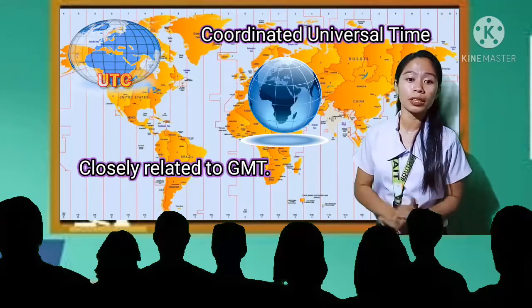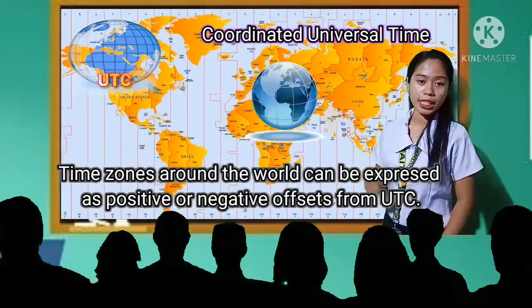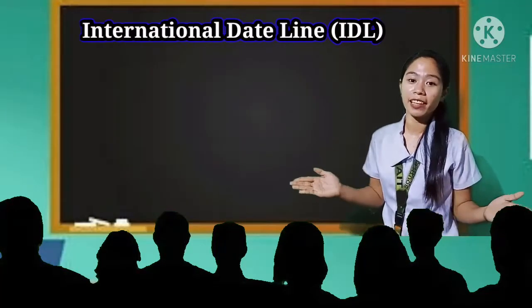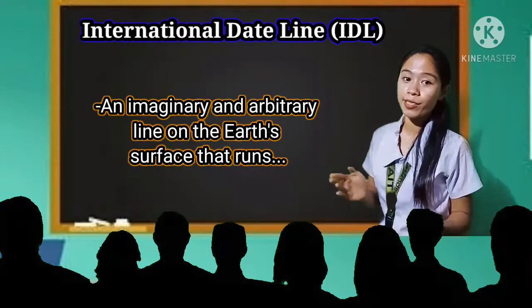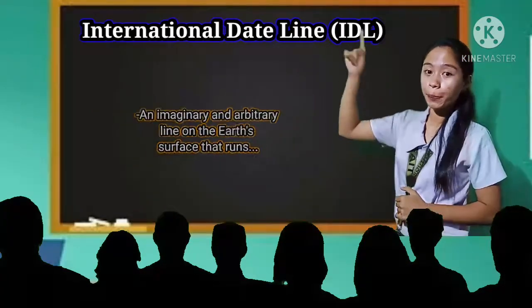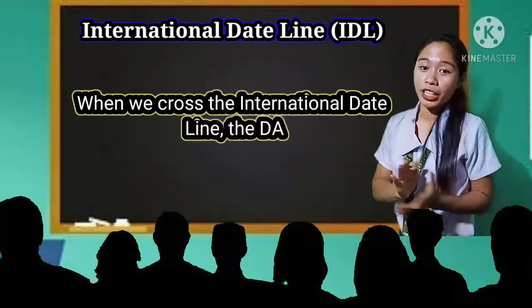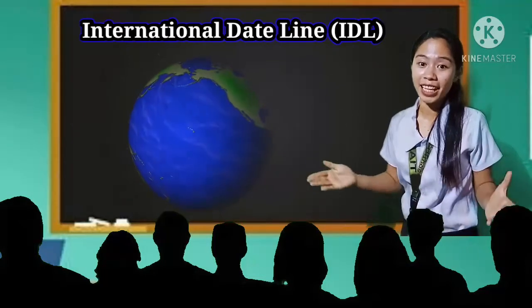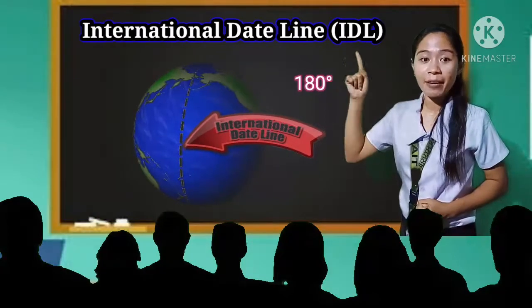Time zones around the world can be expressed as positive or negative offsets from UTC. Lastly, the international dateline, or IDL, is an imaginary and arbitrary line on the Earth's surface that runs from the North Pole to the South Pole. So when you cross the international dateline, the day and date change. The dateline generally follows the 180 degrees meridian.